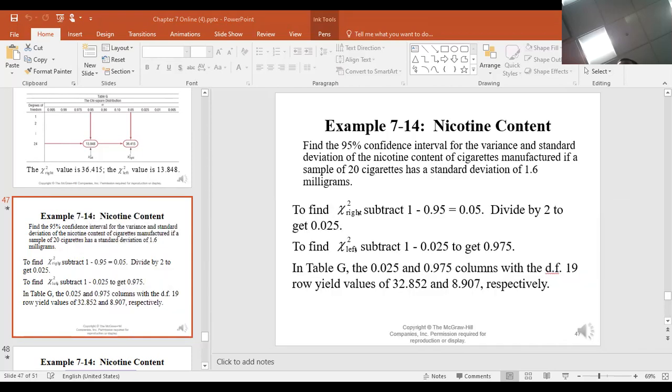I want to show how you can use Excel. To use Excel, you type chi-square.